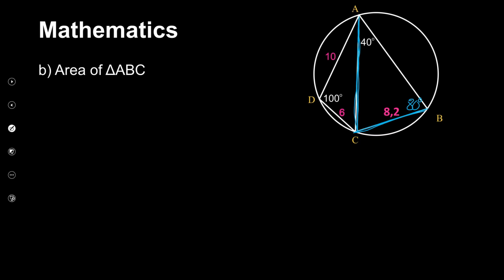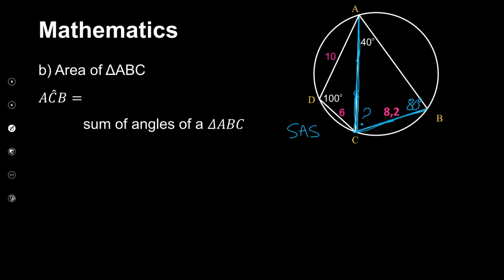Okay, so if we want to use the area rule, we want to try and use this angle, which means we need to find it. Then we have side, angle, side. Remember, for the area rule, you need side, angle, side. So we've got two sides. Because we have the other two angles, we can find the included angle by just subtracting the other two from 180 degrees. So let's do that calculation quickly.